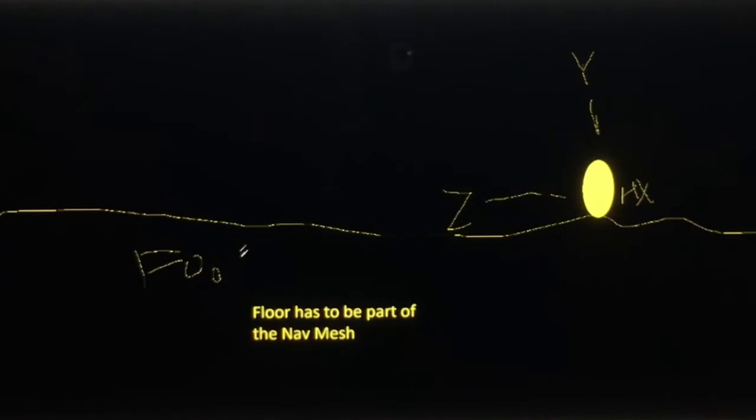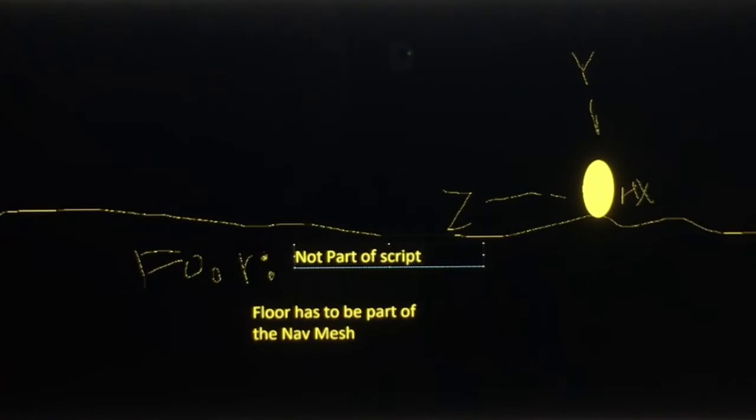Moving with this, the floor, we always have to remember the floor, and it always has a few different things. It's never part of the script, and it will not move with the Navmesh.